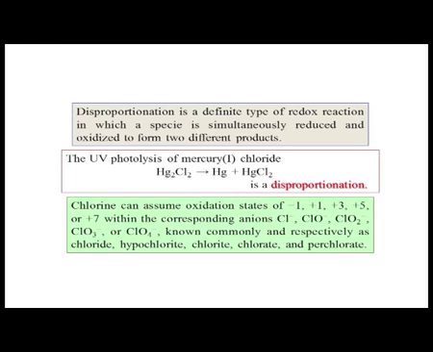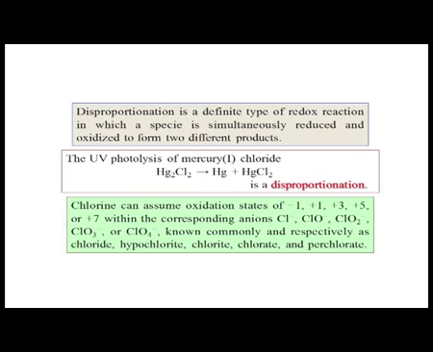One of these mercury in the +1 state can be reduced to mercury 0, and the other mercury, which gives the electron to the other species, will be oxidized to mercury chloride. Thus we call this a typical disproportionation reaction.